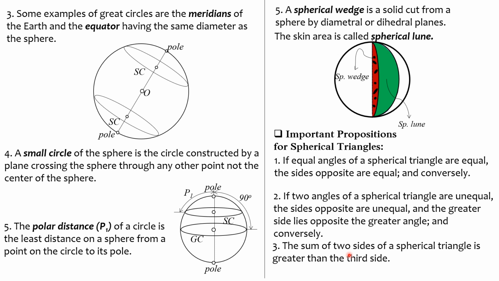Here, this is the original statement about triangles: the sum of two sides of a spherical triangle is greater than the third side, which is also true for plane triangles. So there's nothing to worry about with this characteristic. That is, A plus B is greater than C, A plus C is greater than B, and B plus C is greater than A.